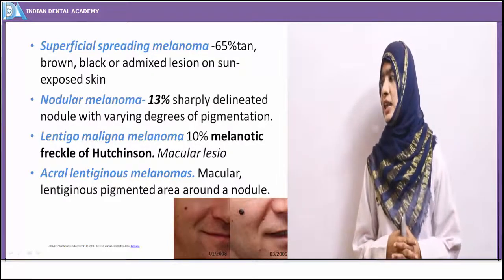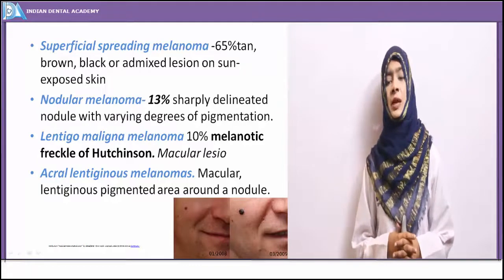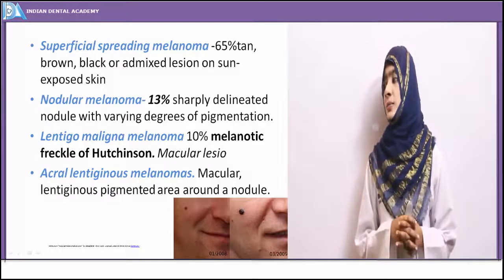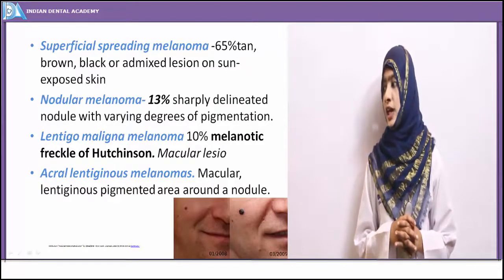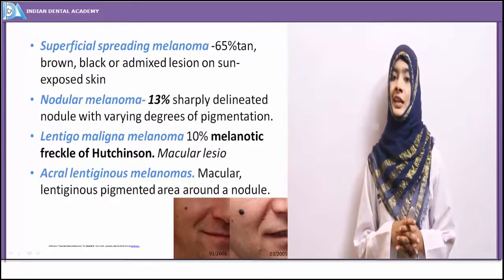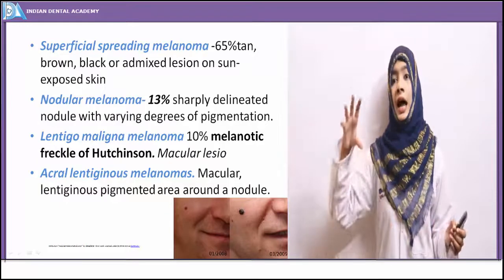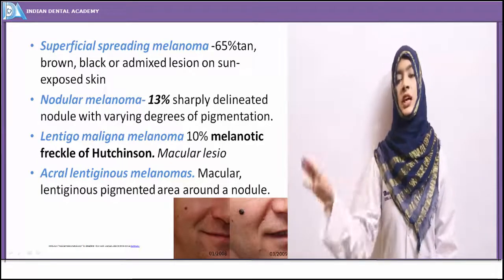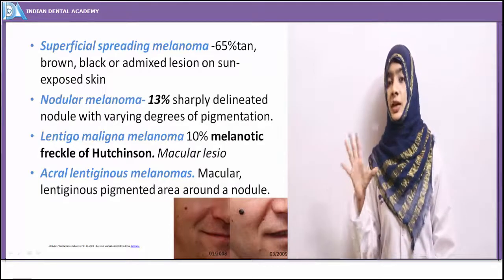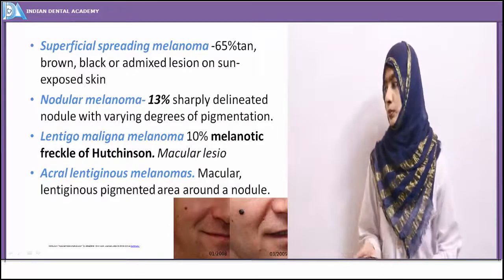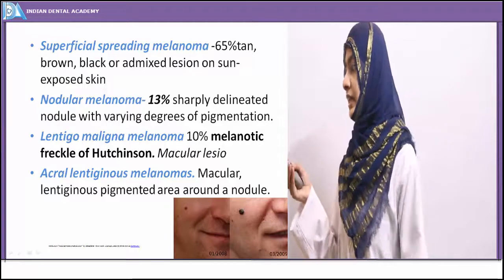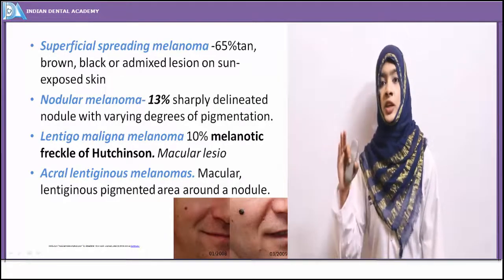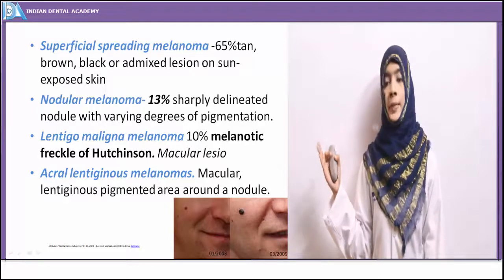Acral lentiginous melanoma is an extremely severe form of melanoma because it initially begins as a macular lesion with increased pigmentation surrounding a nodule. So centrally a nodule is present, and surrounding it a macular lesion is present, so it tends to be relatively diffuse in form. Here you can see the characteristic differences in the clinical picture. You can see the difference between a mole and a melanoma.